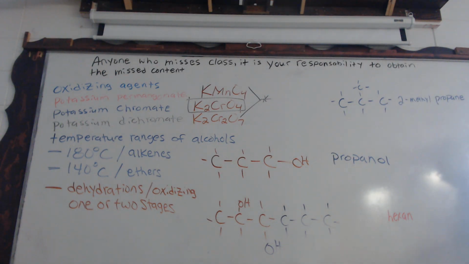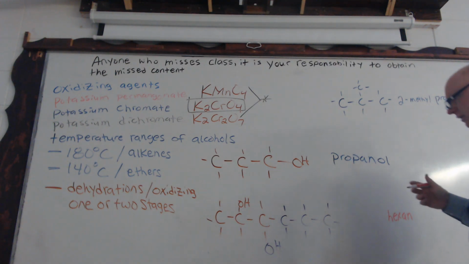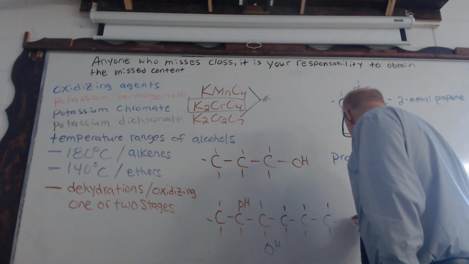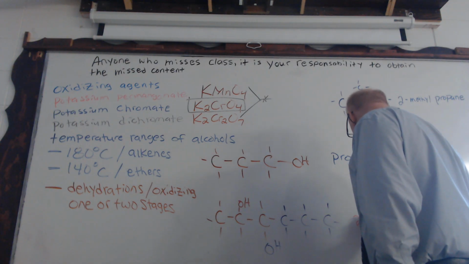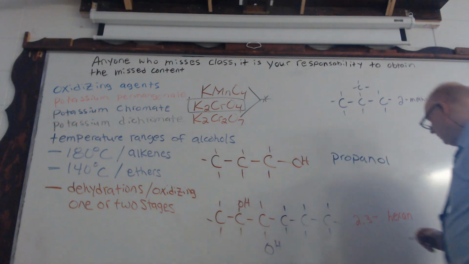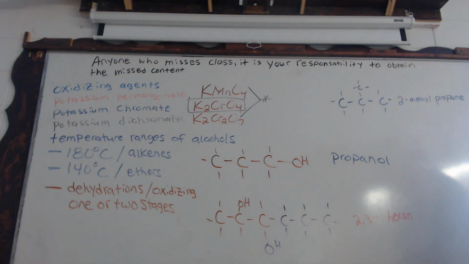So where are those OH groups located? They still have to be the lowest numbers. So therefore, we have 2,3-dash. This is a little different. You are basing off of prior knowledge.